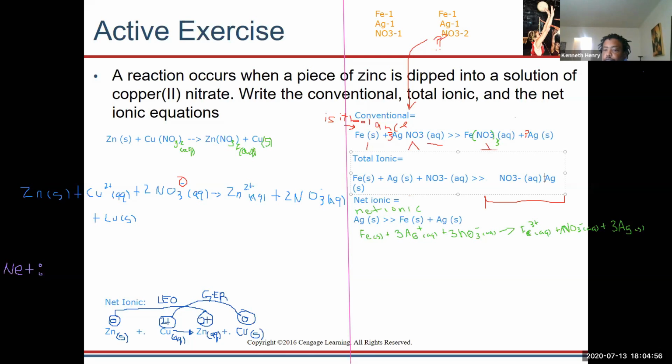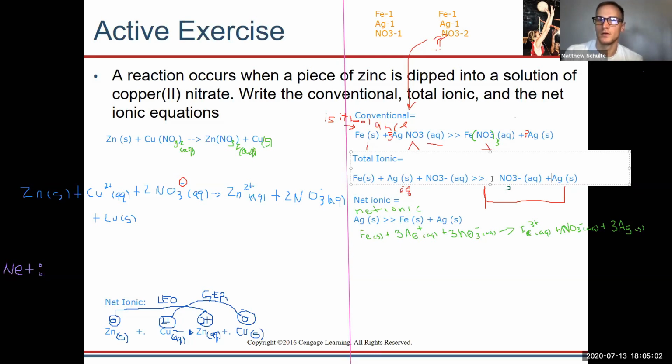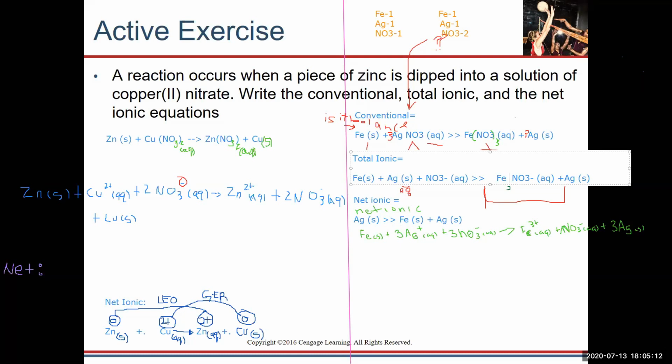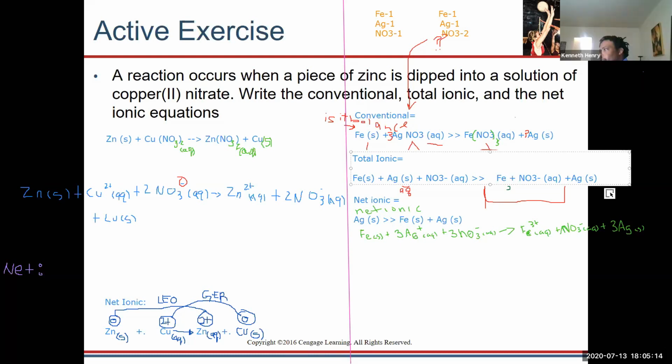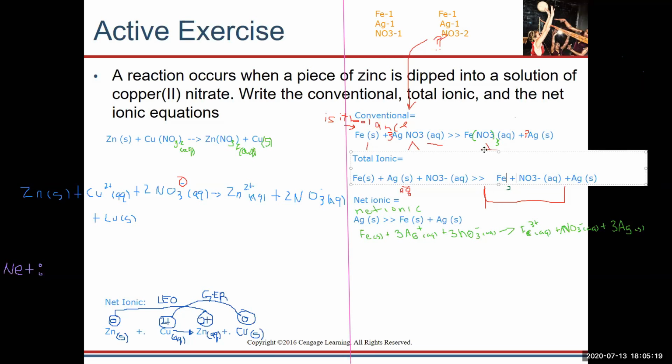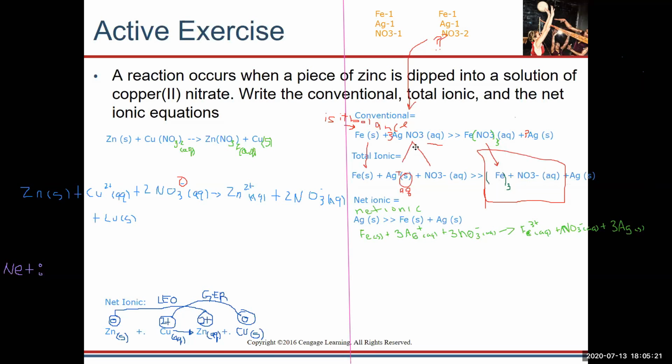So what did we forget for this guy on the other side of the equation? Iron. And is it going to have a charge? Plus. Plus what? Would it be a 3, 2? Plus 3. That's right. That is correct.